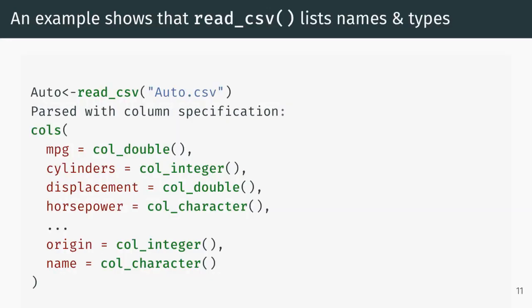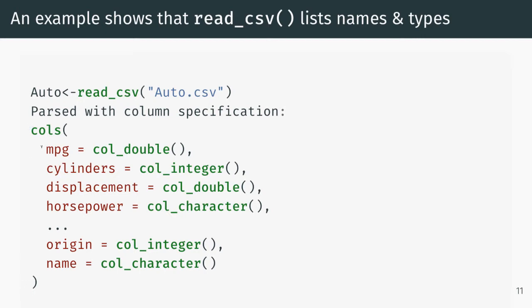Okay, so here's an example of reading CSV data. When you use this function, which is a little bit different from R's built-in read.csv function, it tells us what each column has been parsed as. This is just the same thing as the built-in auto data set, saved as a CSV and then read back in.